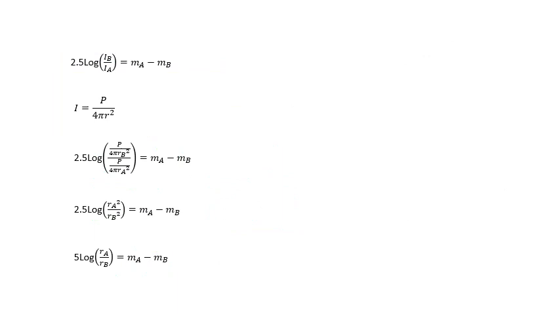Okay, so what we're going to do next is to look at how we can use our new formula to look at a star from two different distances. So we're going to be looking at the same star from two different places. For instance, we could be looking at the star from Earth, or we could move up much closer towards that star, say 10 parsecs away from that star, and we could observe it from there.